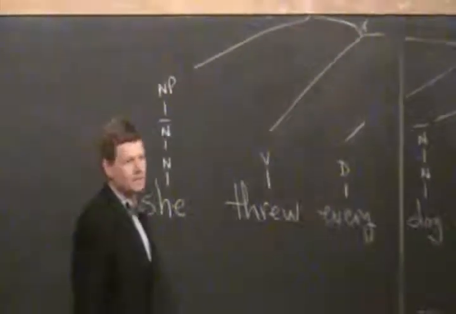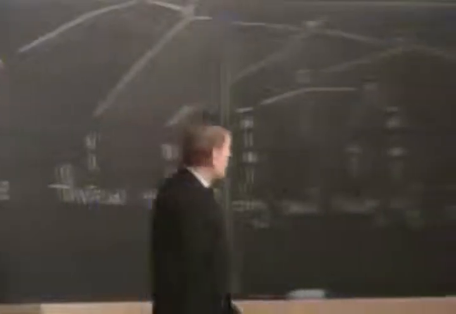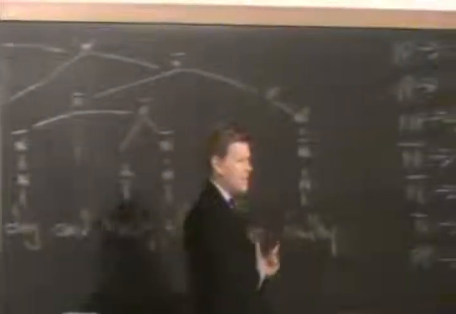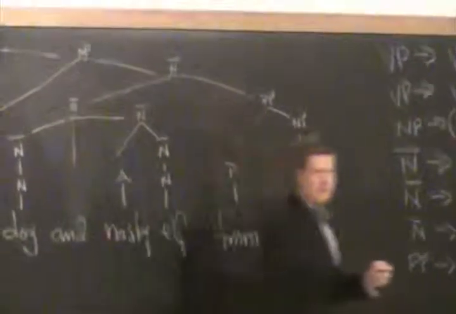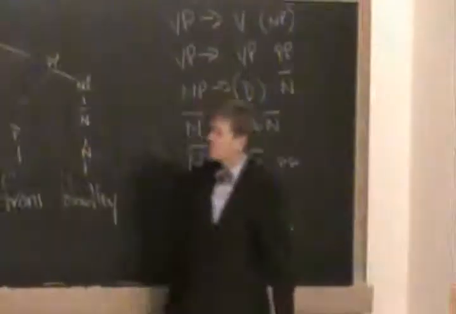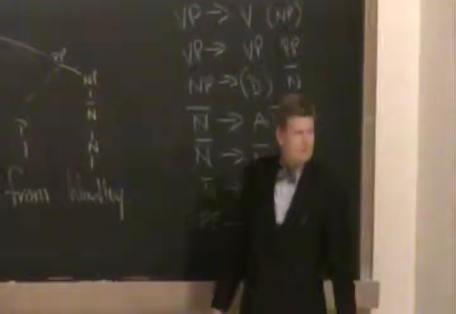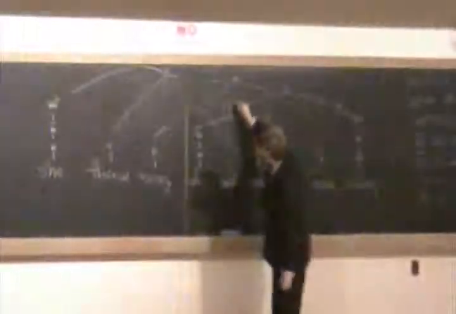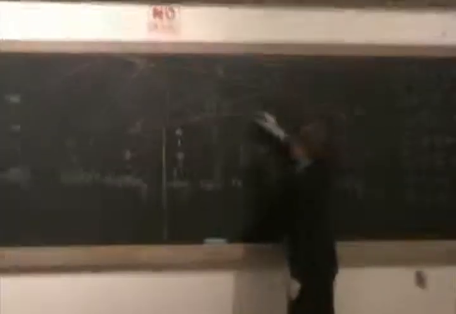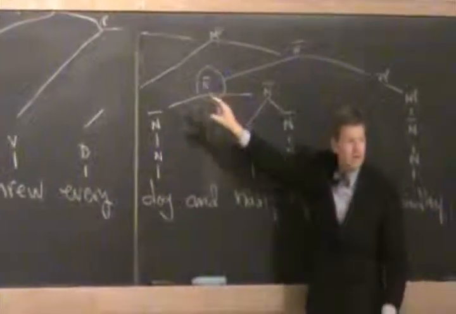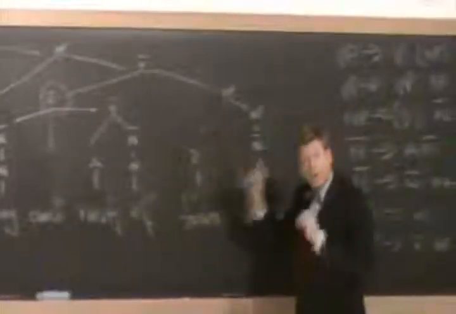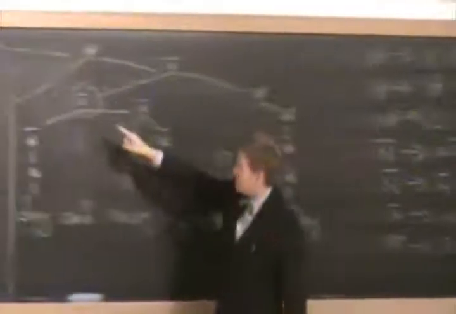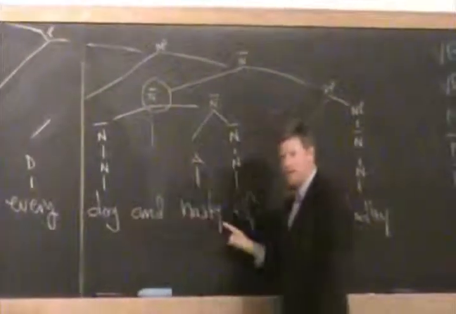And what does this mean? So what does from Hadley modify in this parse? Dog and elf. So it modifies this. This is the thing the prepositional phrase from Hadley is joining with. So what's from Hadley? Dog and nasty elf.